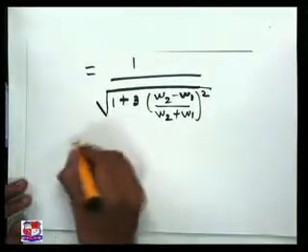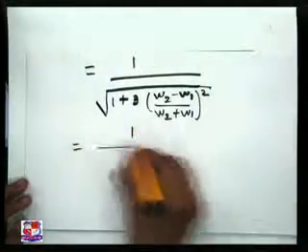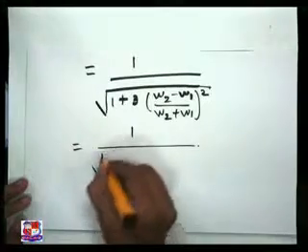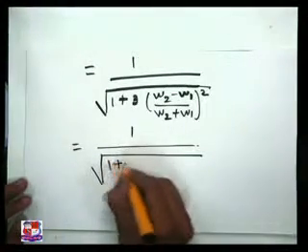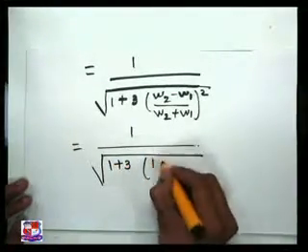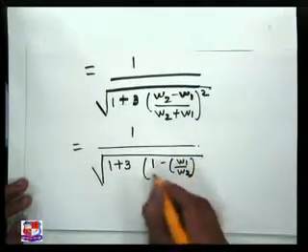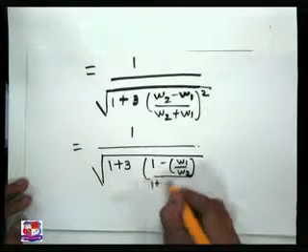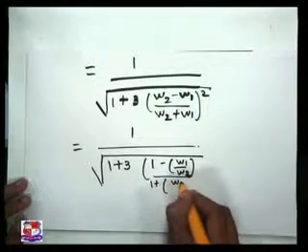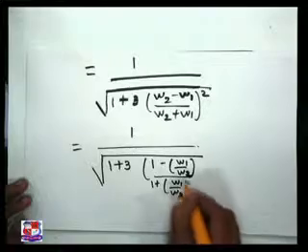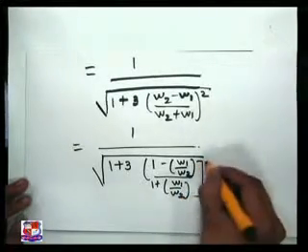Then if we take 1 plus 3 common, it is 1 minus W1 upon W2, then under W1 upon W2, here this will be whole square.